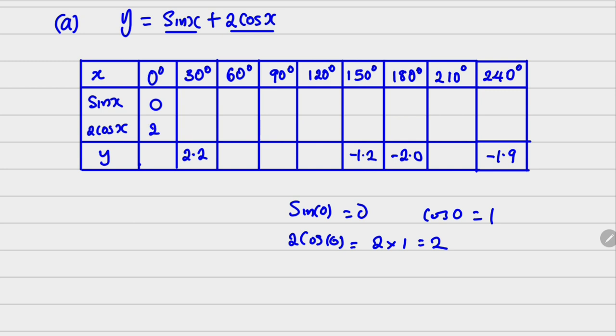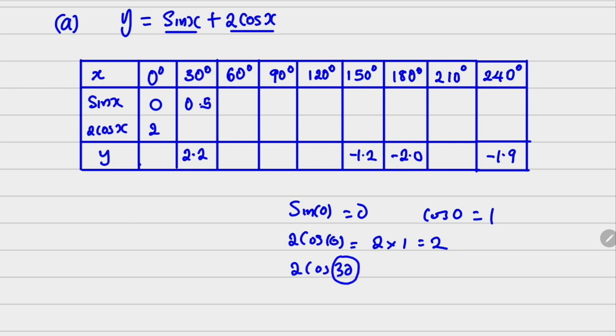Okay, very important. Then you go back to 30. Sine 30 using your calculator is 0.5. Okay, then you have your cos 30. Cos 30 is 0.866. Okay, so you are going to have 2 cos 30.